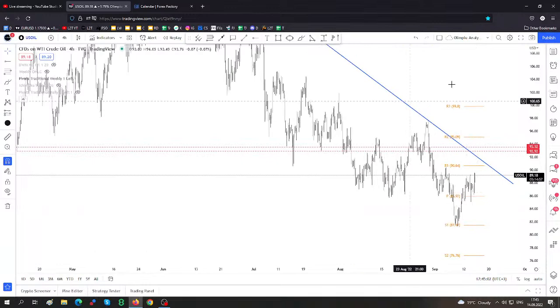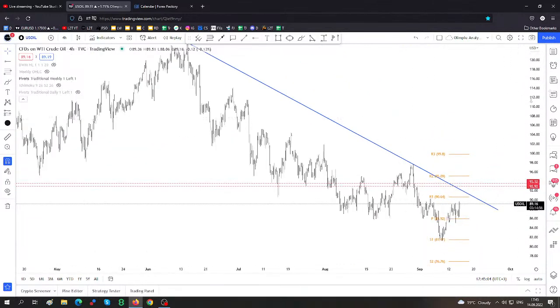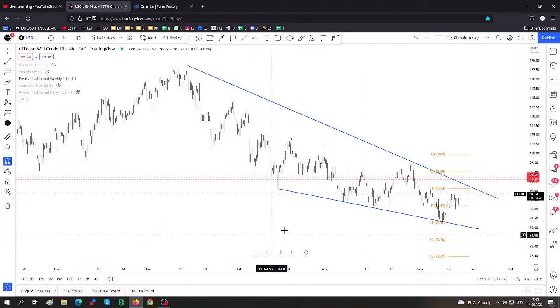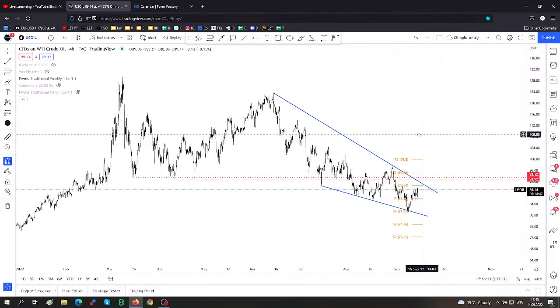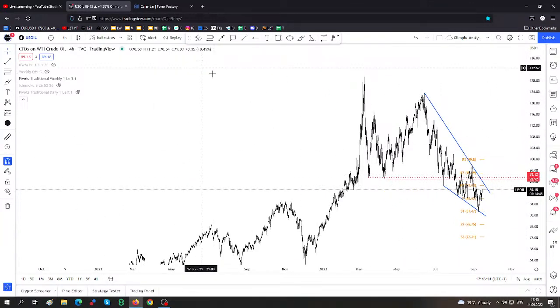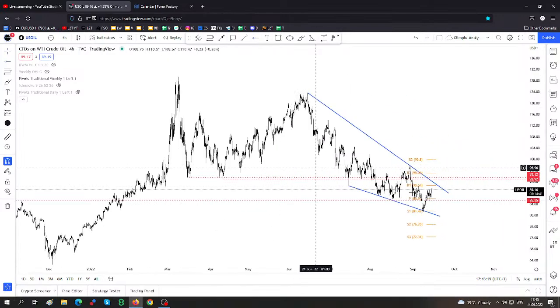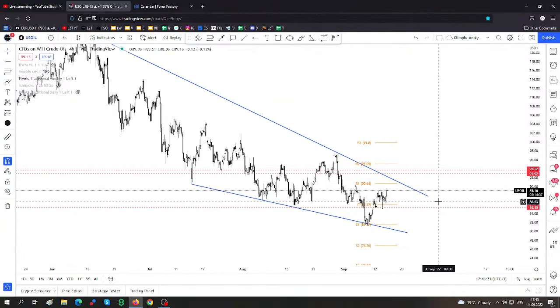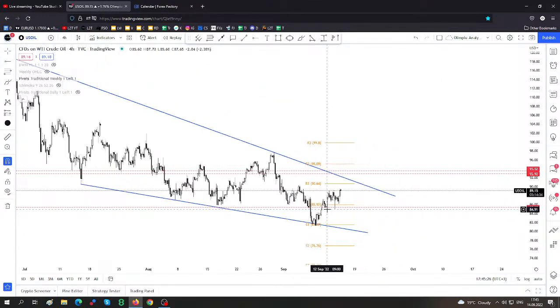But right now, let's use the downside line here, and maybe this could represent a potential falling wedge pattern, a major reversal pattern. But right now this potential reversal pattern is far from being confirmed.